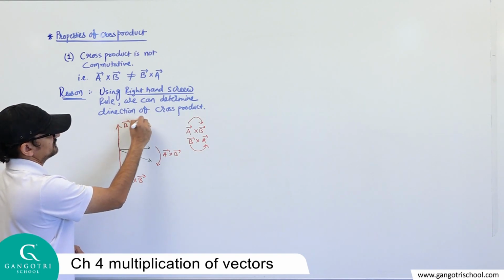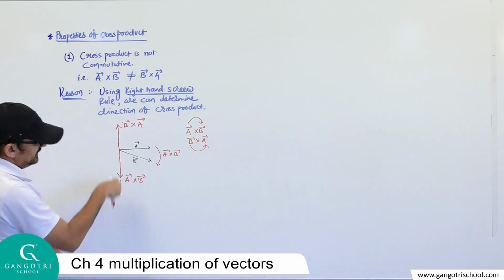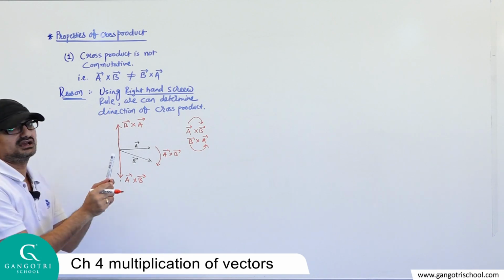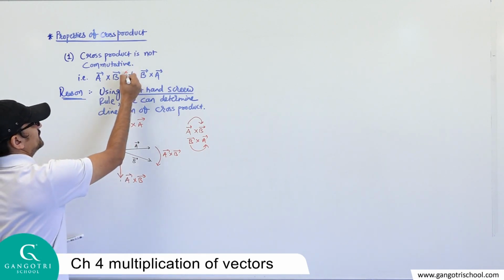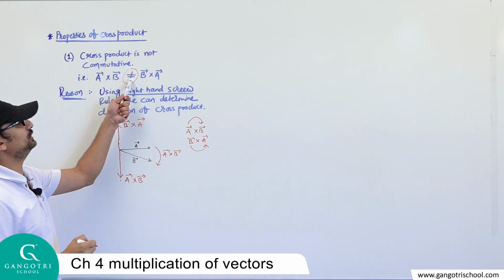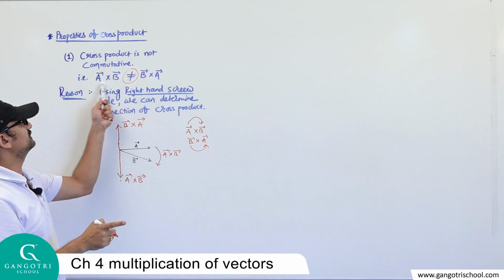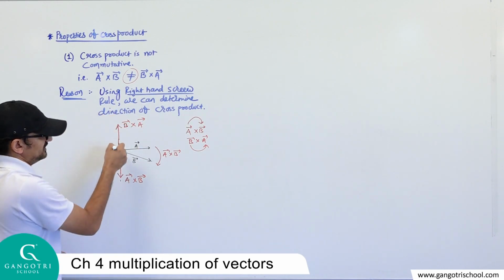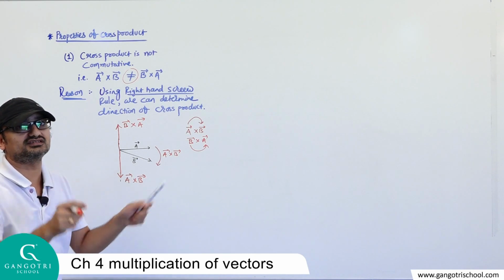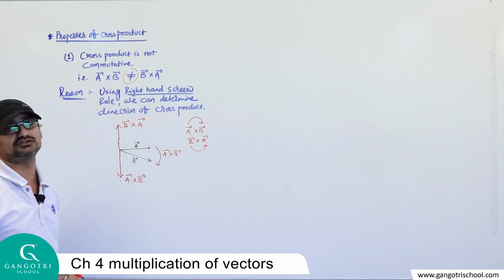So from this diagram it is very clear that a cross b and b cross a are anti-parallel. They are not the same in direction. In the beginning of this chapter, I mentioned that you can write an equal sign only if the two are the same in direction and the same in magnitude. Here b cross a and a cross b are anti-parallel, not the same in direction. That's why they are not equal to each other.